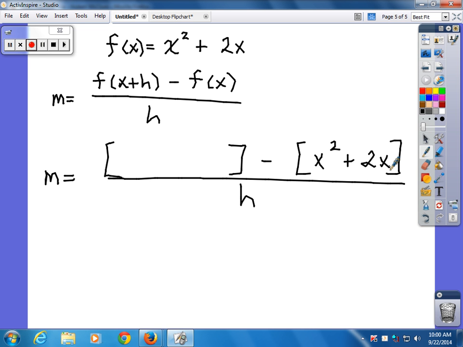And over here, I'm going to rewrite this with big sets of parentheses. And now I'm going to plug in what? What am I going to plug in? Yeah, I'm plugging in x plus h.